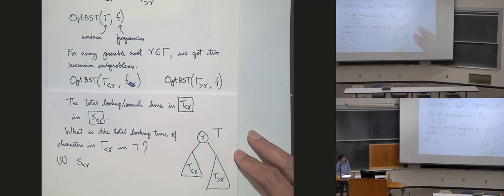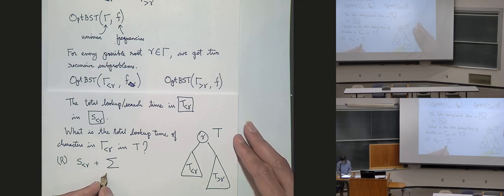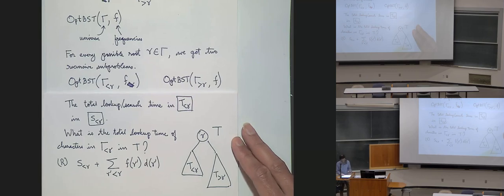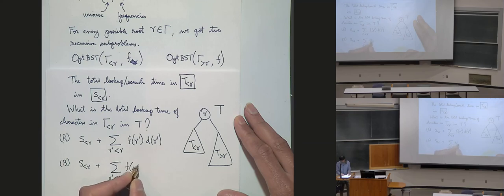Is it S less than gamma plus the summation over, okay, if this notation is confusing, just let me know. Is it that? I'll write down these formulas and then I'll parse them. Or is it this?